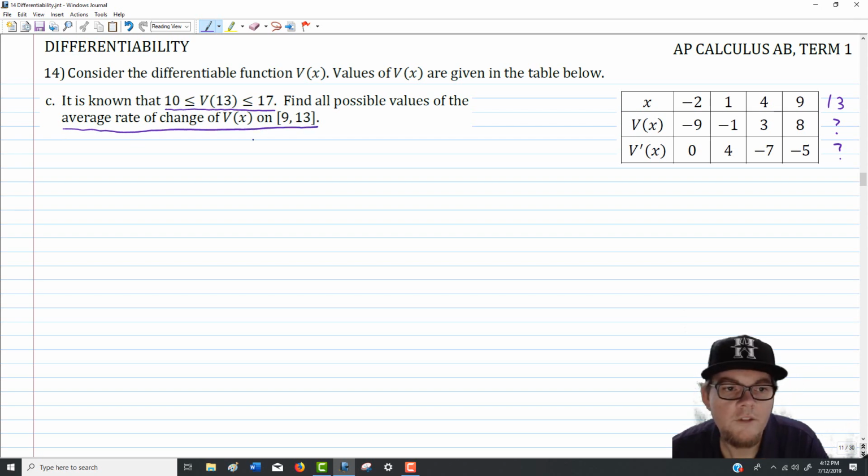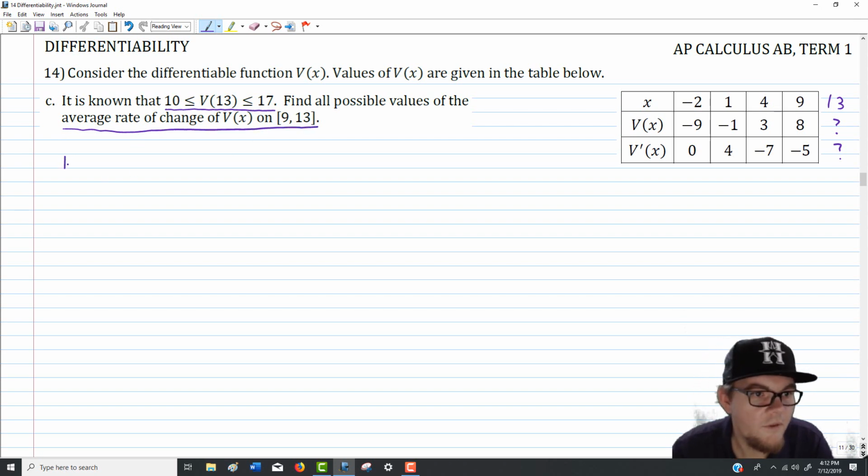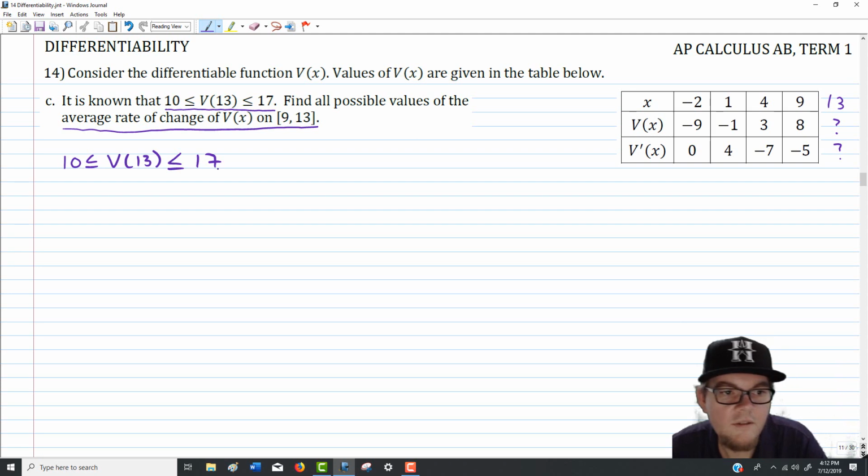13. So there's a couple different things I want to do here. The first thing I want to start with is I want to just write out that statement that they gave us. So they're giving us an interval with 17 that bounds v of 13. We also know that we're talking about the average rate of change here. So again, consider this moment, I'm just kind of exploring what's here.